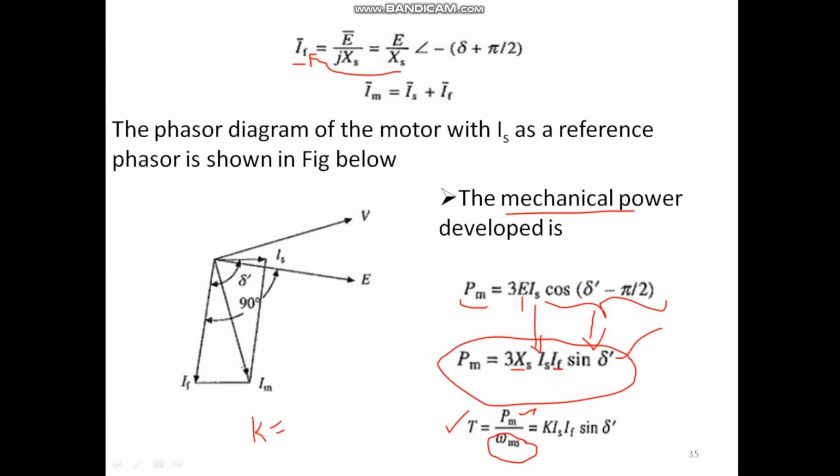It is Is If sin delta, which I have kept as it is. However, I have introduced one more constant K, where K you would get as 3 into Xs divided by omega ms. Please work this out. So the K equation is this.